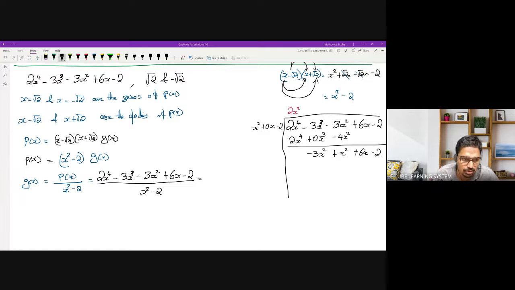What is the next quotient, Sabit? 3x will be the next quotient. On multiplying, we get minus 3x cube, 0x square, plus 6x.